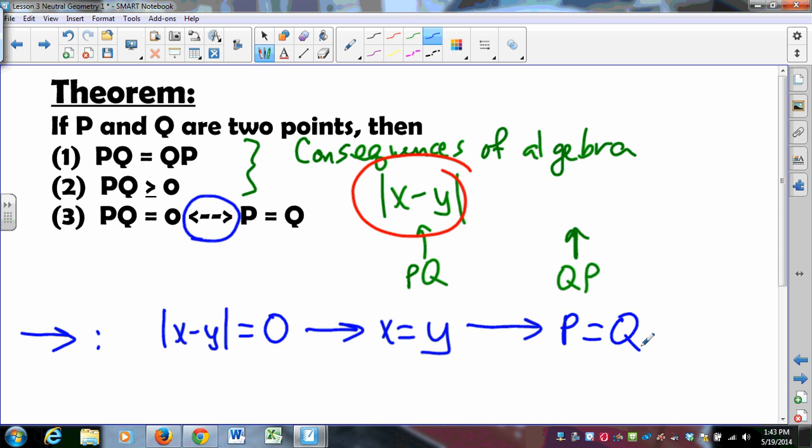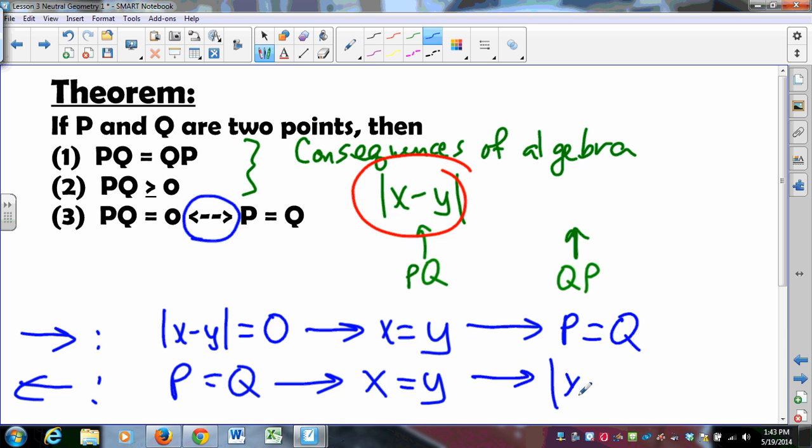That's where that comes into play, because x is uniquely assigned to point P, and y is uniquely assigned to point Q. Going the other way, we start with P being equal to Q, and things flow very nicely this way. P is uniquely assigned to some number x. Q is uniquely assigned to some number y, and so that kind of flows without too much trouble.